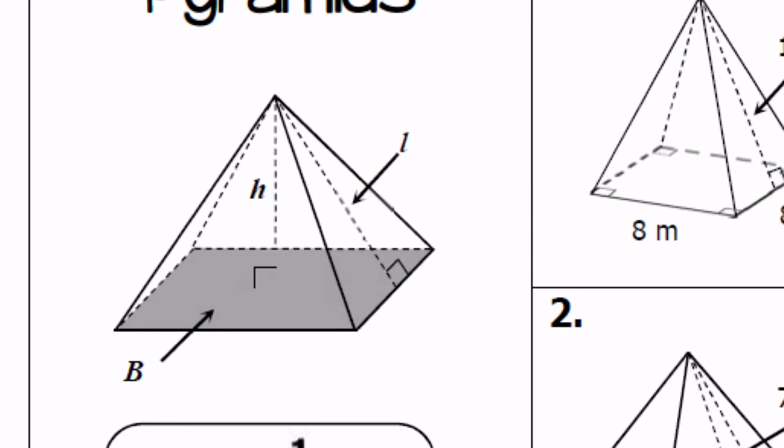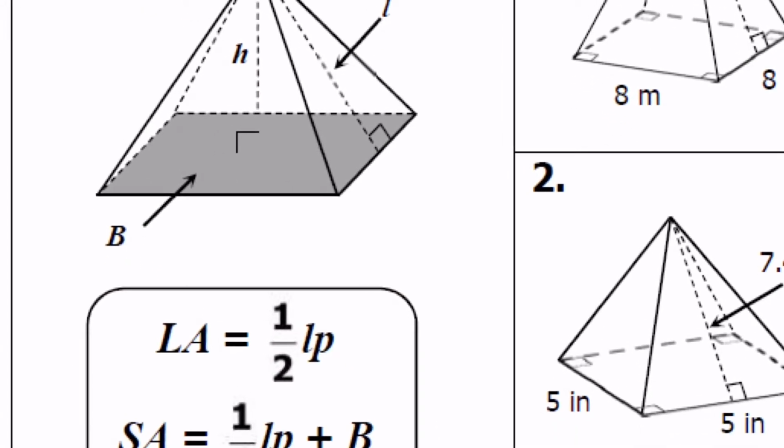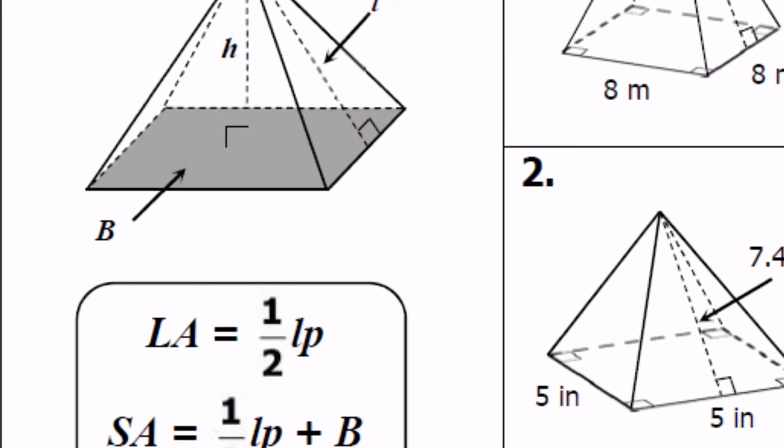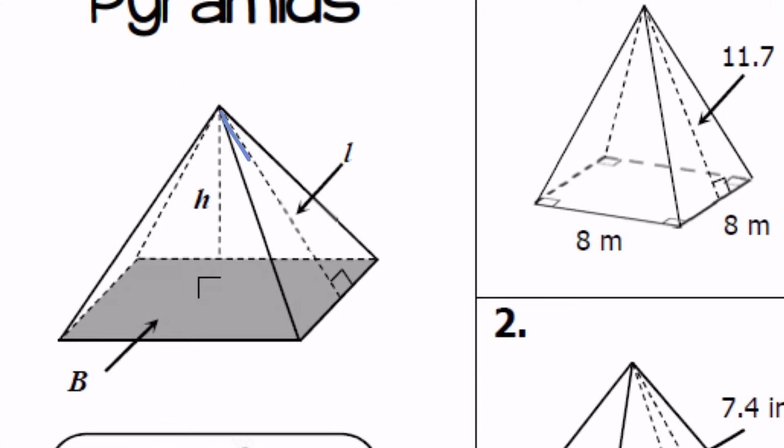Okay, so in order to find the surface area of a pyramid, you find the area of the base, B. So whatever shape that is, you use the area formula for that. In this case, it's a rectangle, so we use length times width. Then we find the lateral area also, which is 1/2 times L, which is what we call the slant.